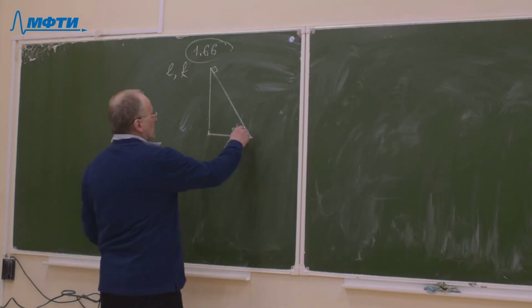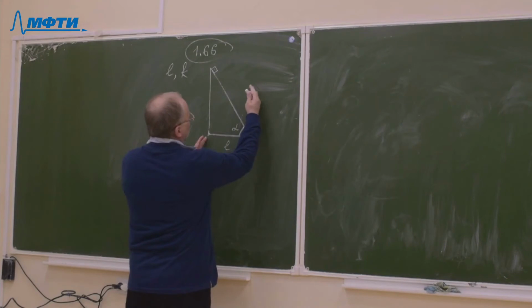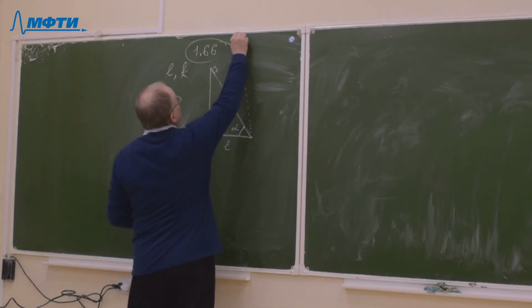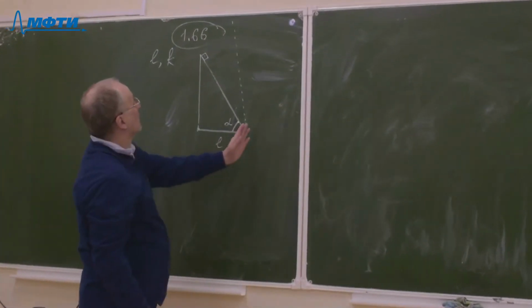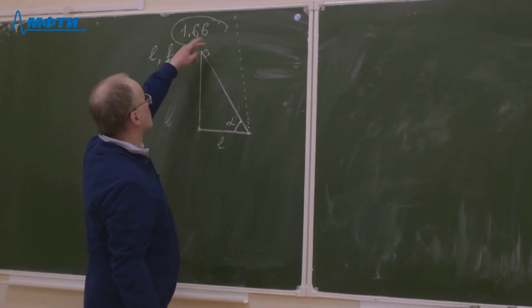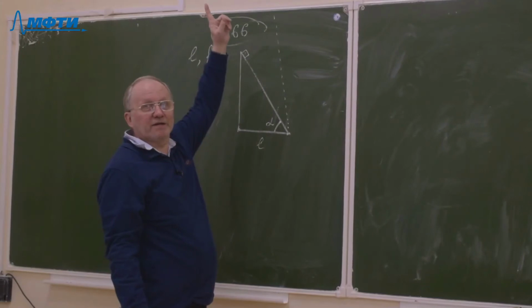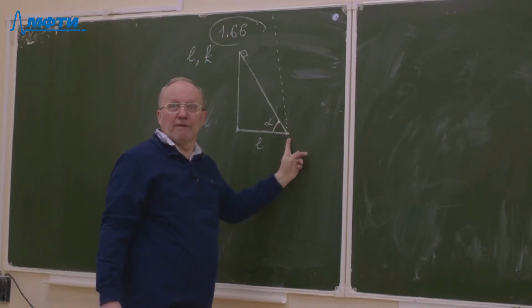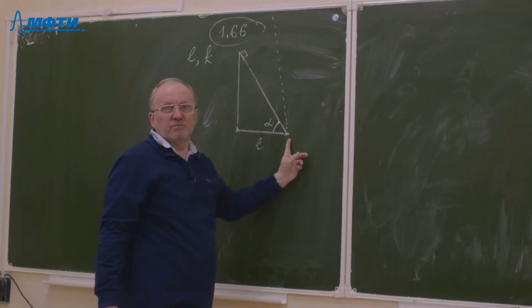Also, if I choose angle alpha close to pi over 2, that is, the inclined surface will go there and the initial position of the body will be somewhere very high, then it will practically fall down and it will take some time.